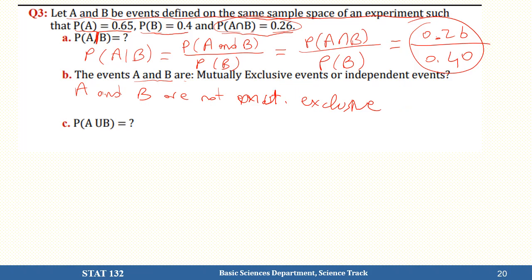So this is not the case because it's already given here the probability of A intersection B is not 0. So their intersection cannot be empty set.